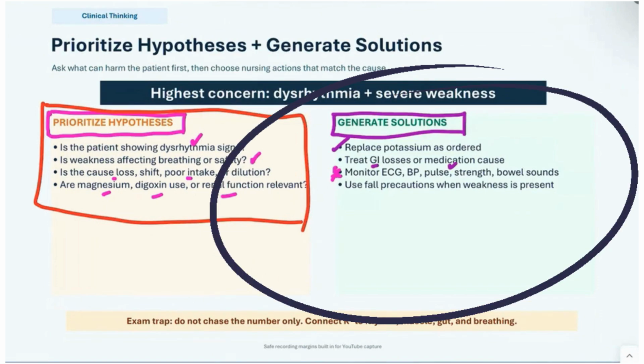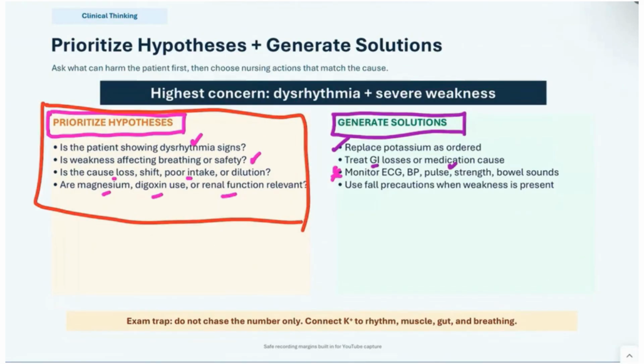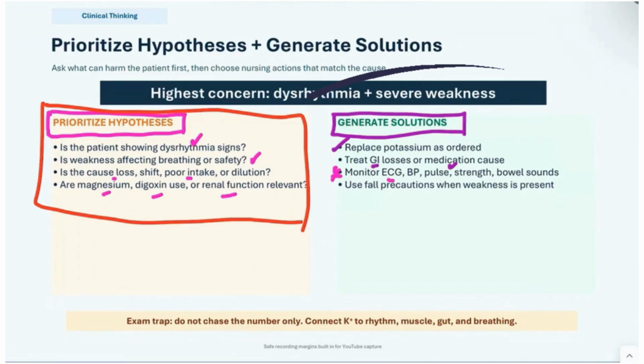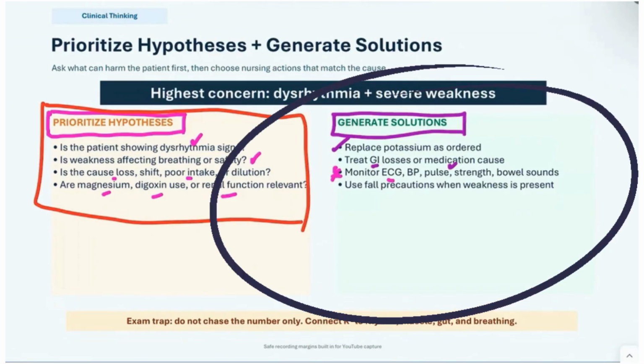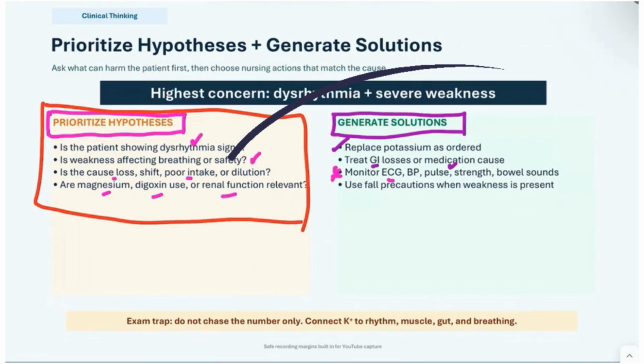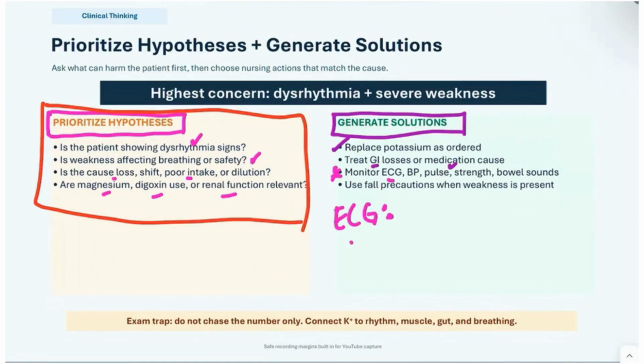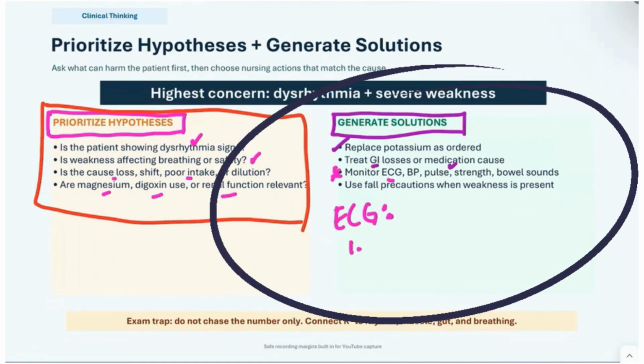Depending on the severity, that may include monitoring the ECG, blood pressure, pulse, muscle strength, and bowel sounds. When the ECG is monitored, these are the three things you have to look for in hypokalemia.